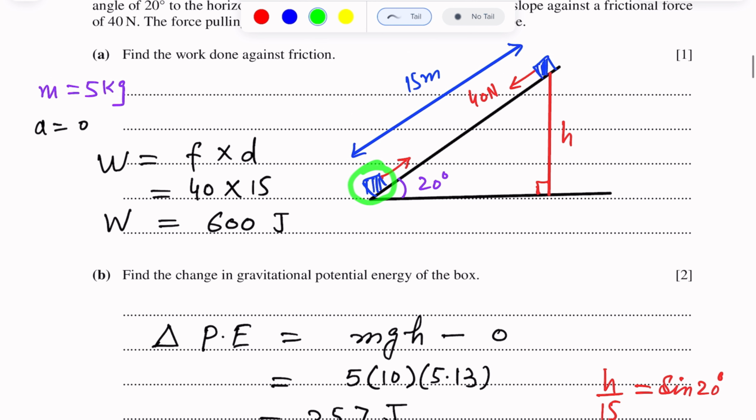It is very clear that at the bottom the mechanical energy will be only the kinetic energy. Speed is constant, so kinetic energy at this point is the same. But potential energy at the bottom is zero because height is zero.